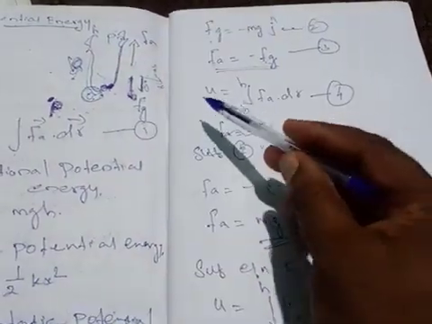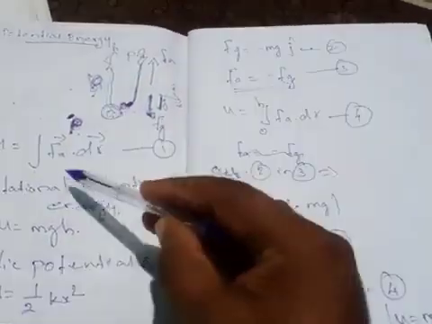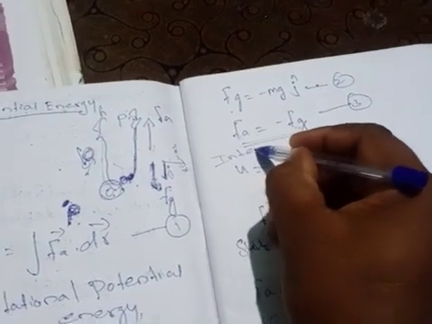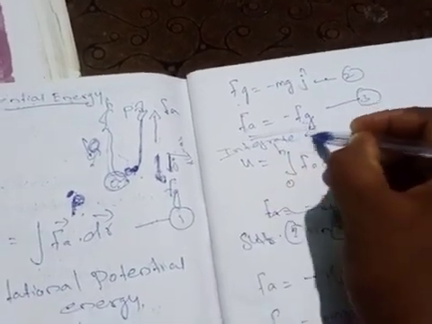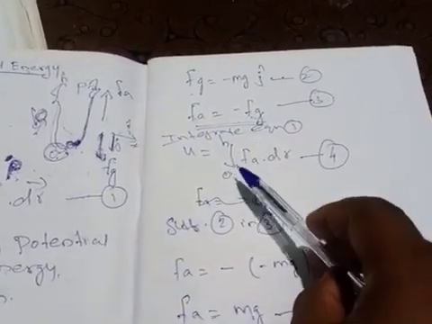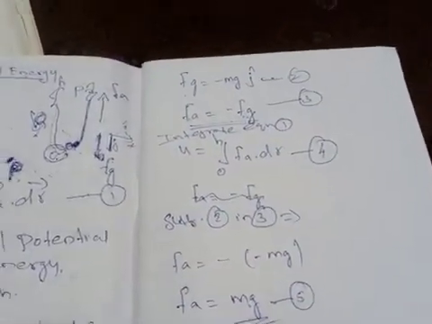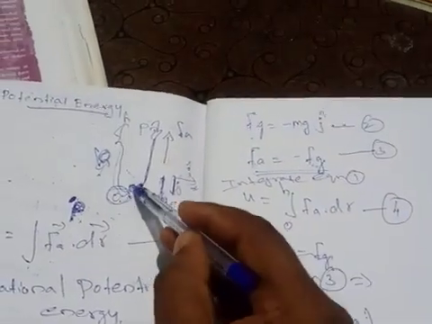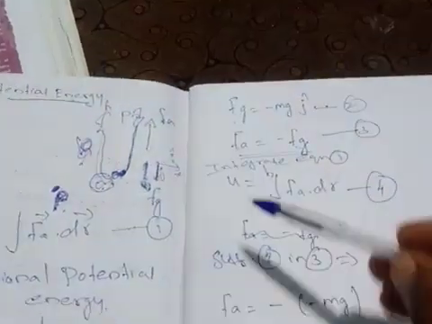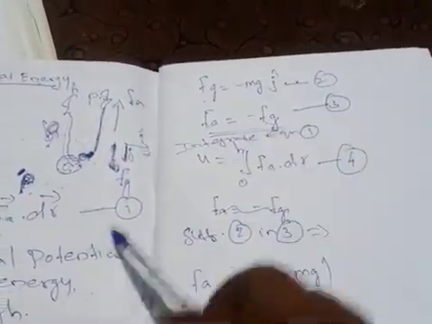Next step, we can integrate equation 1. So U is equal to the integral of Fa dot dr from 0 to h. We are moving the object from the position O to some height h, so we are giving the limit 0 to h.